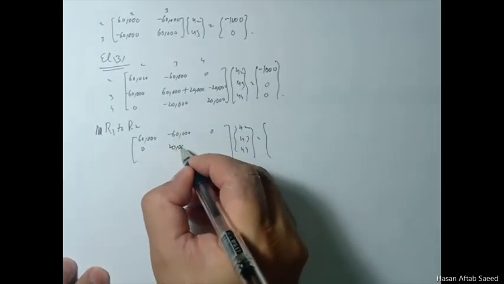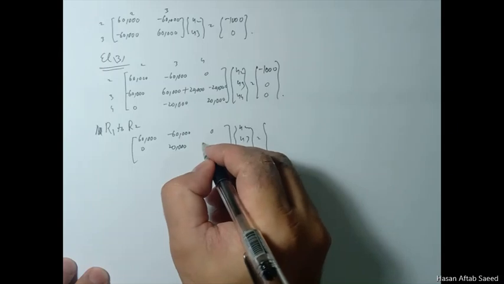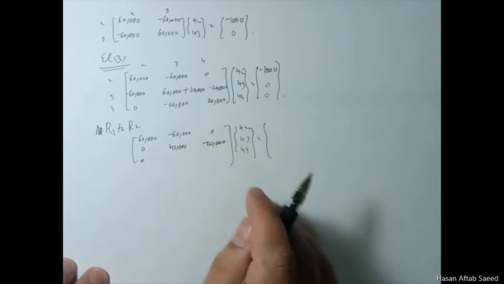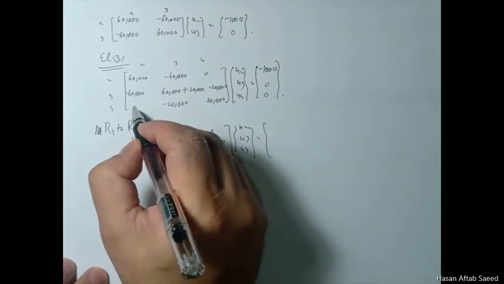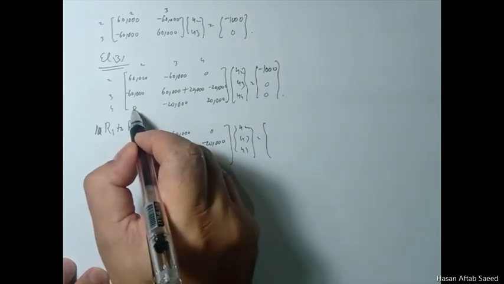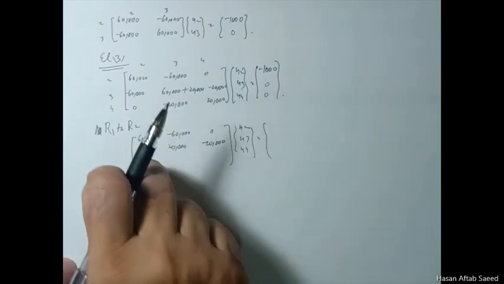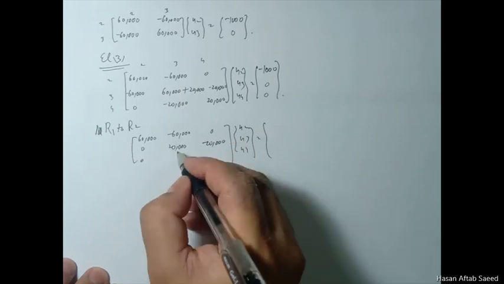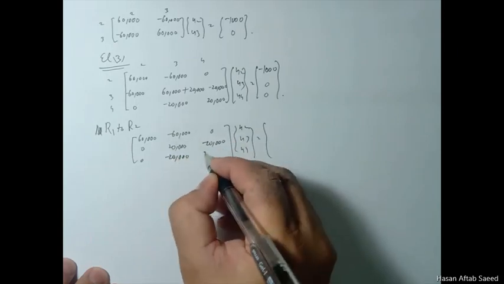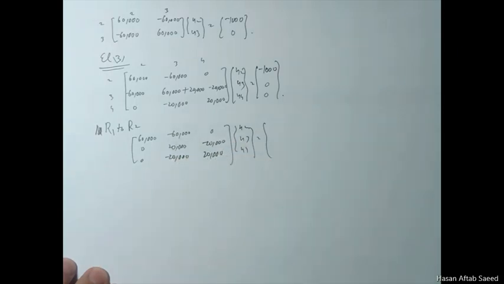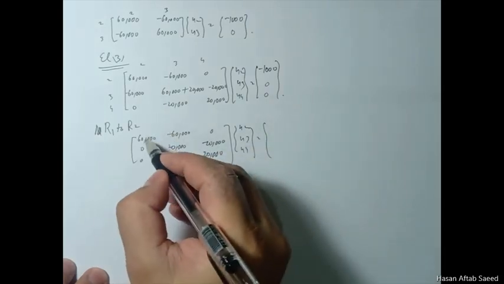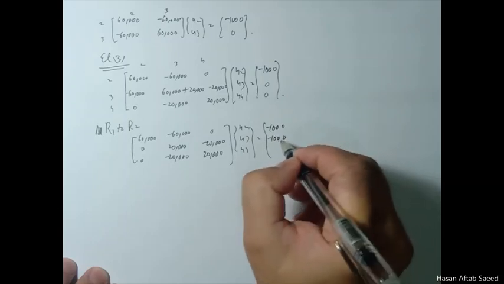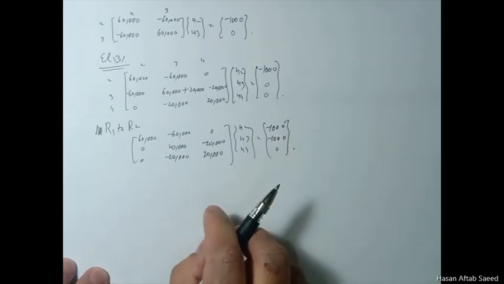Here you have 20,000. Here you have minus 20,000. Here it is again unchanged. Same reason, it is 0 here already, so you don't need any, because you need a 0 here for this to go, but it's already 0, so nothing that you need to do. And when you add row 1 to row 2, you have to do the same thing on the force vector also.